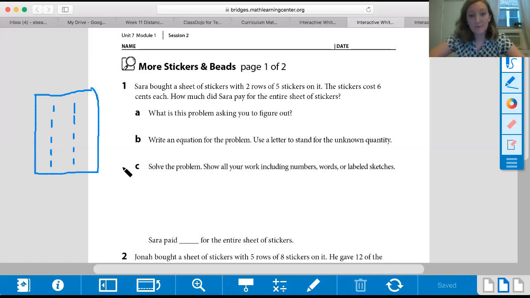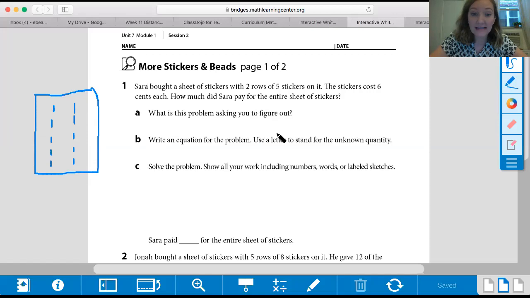Okay, so we have 2 rows of 5, and the stickers cost 6 cents each. So 6 cents, 6 cents, 6 cents, 6 cents, 6 cents, right, for all of these. How much did she pay for the entire sheet of stickers? So first question is, what is the problem asking you to figure out? Is it asking how many stickers there are?